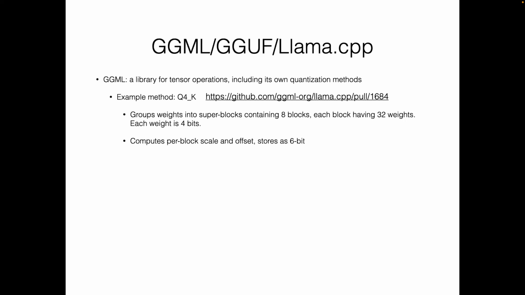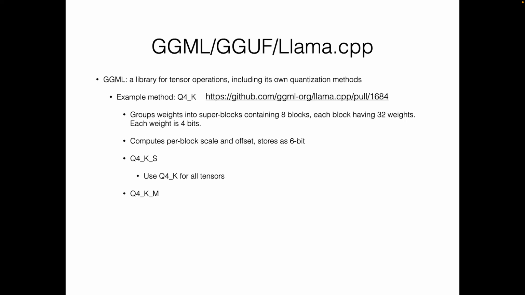Then it'll again be based on this kind of scaling and offsets, and then you can store those numbers using some format. Here they choose 6-bit. And then this Q4_K_S basically means use this strategy for all tensors in the network.